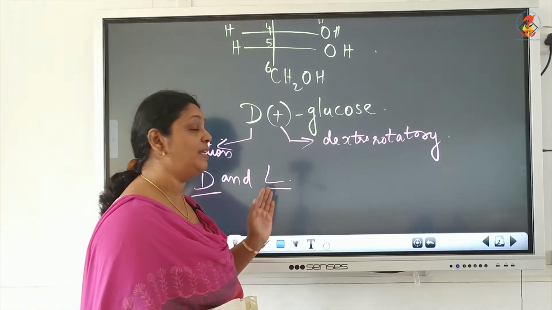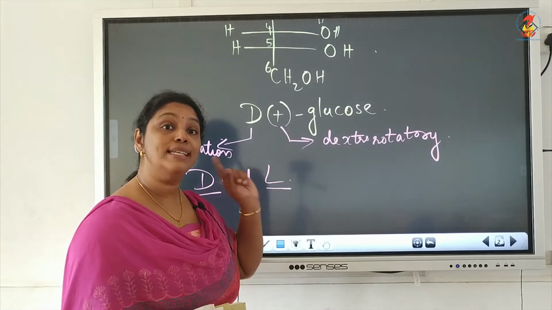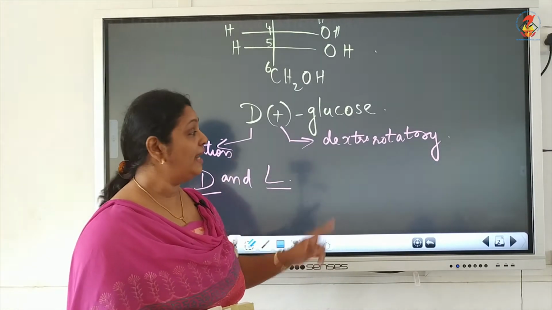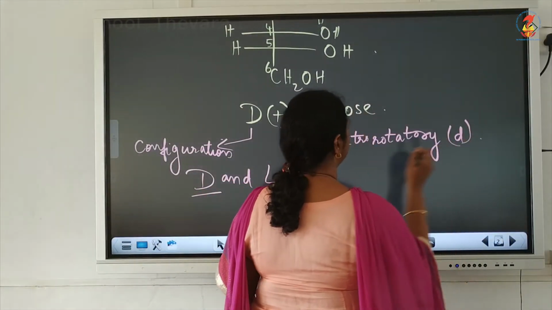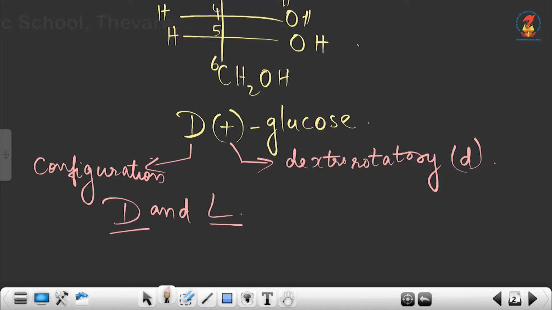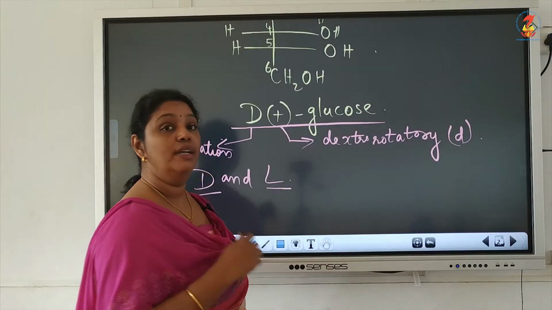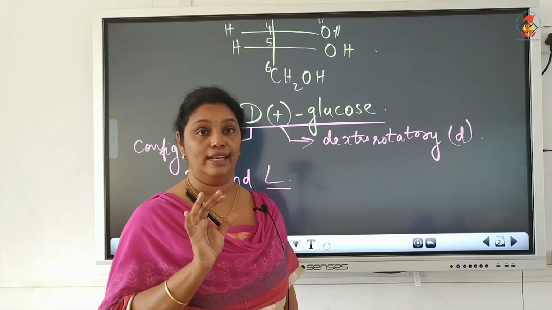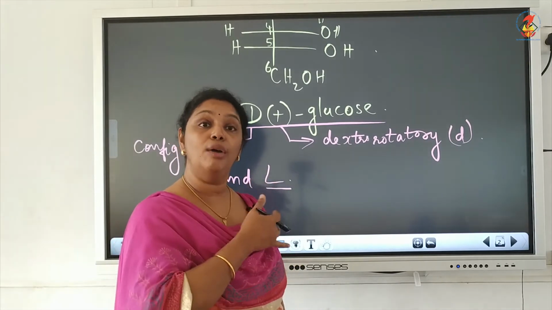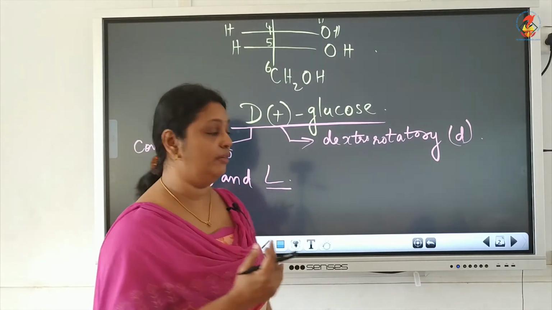In the same way we can give capital L also. Glucose is capital D plus, and dextro is small d, but here we show dextro with a plus sign. So glucose is correctly named D plus glucose. Next, we are going to see how this glucose got its D configuration.